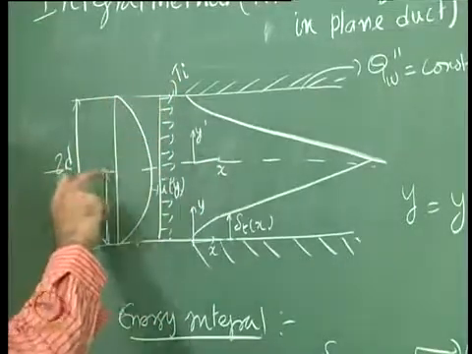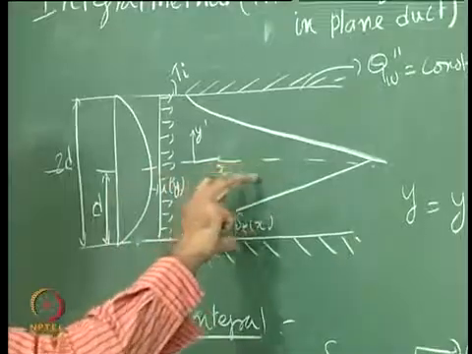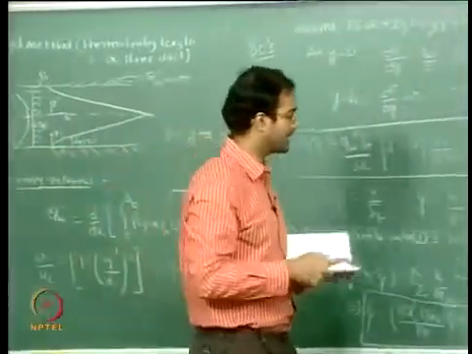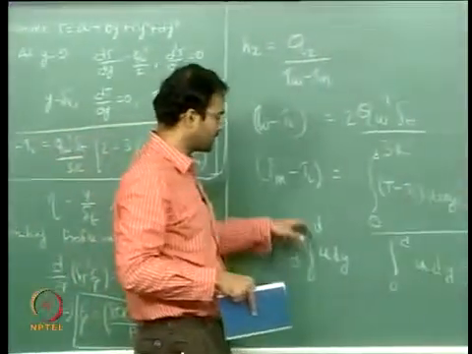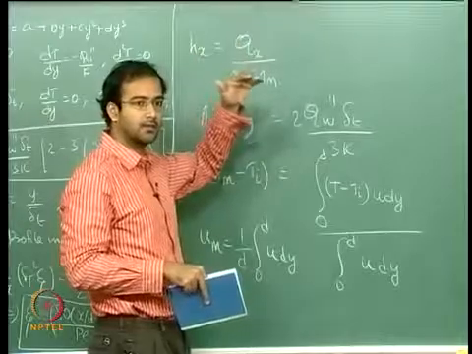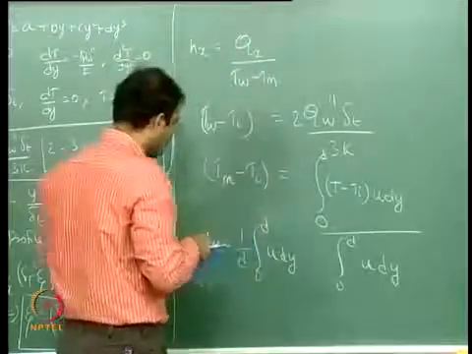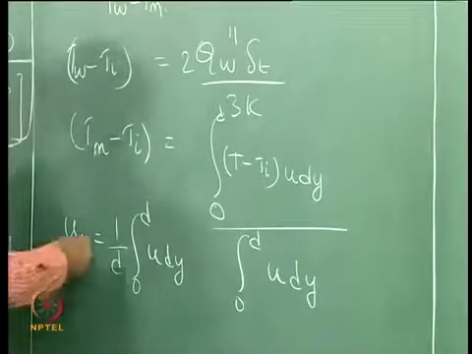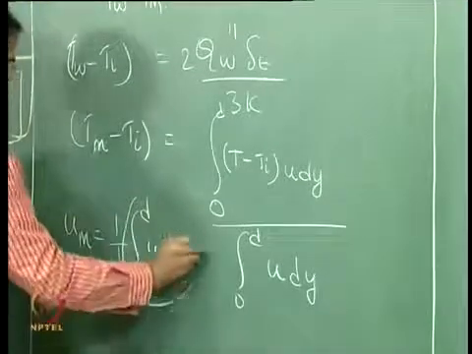So I am looking at the mean velocity which is basically affecting the thermal boundary layer growth on the bottom plate. So I am concerned only with the region from 0 to d here, not the complete 0 to 2d.